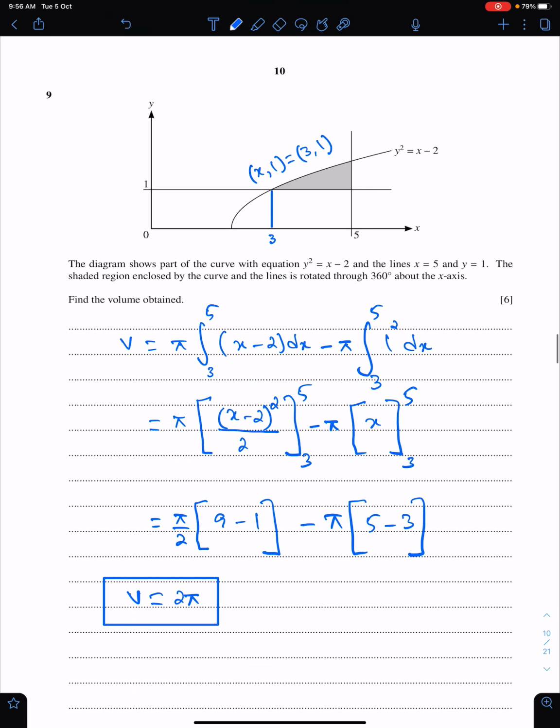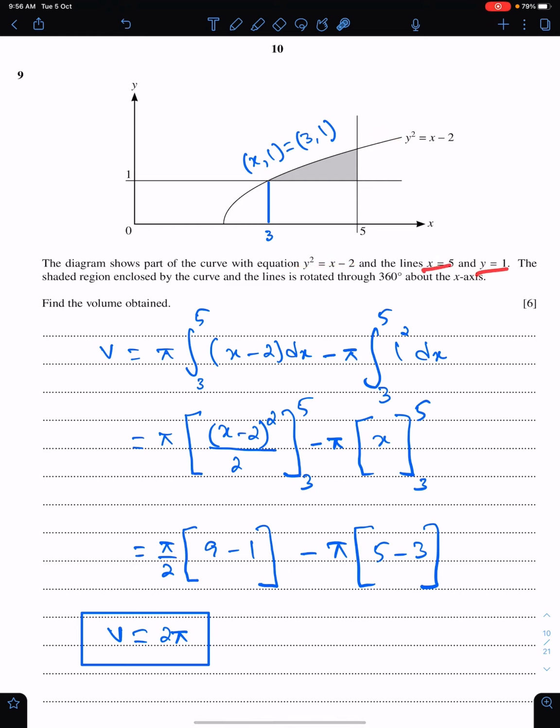Next question, number 9. The diagram shows part of the curve with the equation given. This is the curve, x equals 5 and y equals 1. The shaded region, this is the shaded region, is rotated 360 degrees about the x-axis. Find the volume obtained.